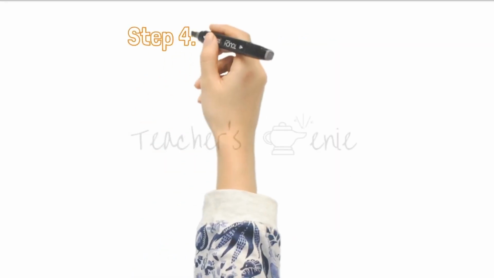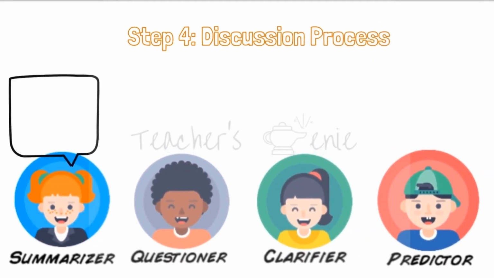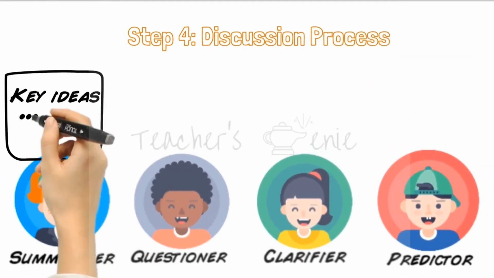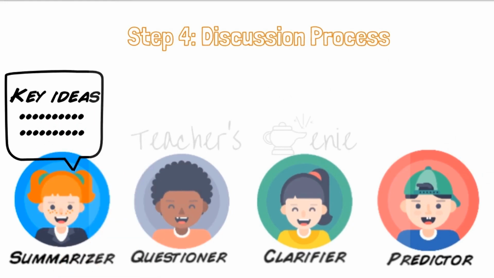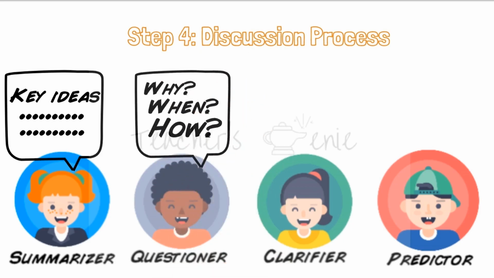Step 4 is discussion process. In this step, all the students do what their role suggests. First, the summarizer presents key ideas from the reading up to the stopping point. Then, the questioner poses questions about unclear parts, puzzling information or connections to prior knowledge.